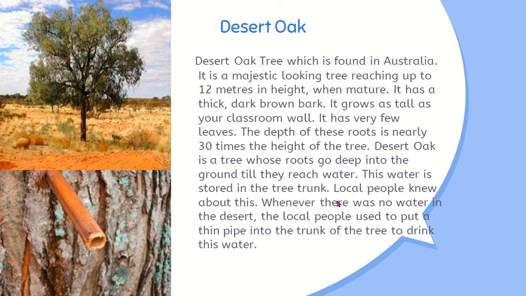Local people knew about this. Whenever there was no water in the desert, the local people used to put a thin pipe into the trunk of the tree to drink the water, as you can see here. So this is all about the desert oak tree. It is mostly found in Australia.